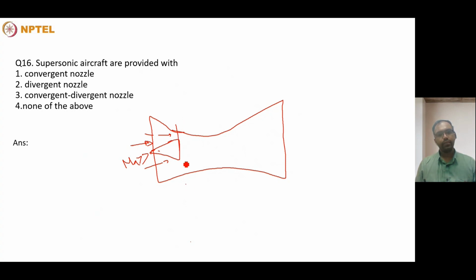This converging section will be acting as a diffuser, and it reaches a combustion chamber. Mach number will be still greater than 1. The diverging section will be acting as a nozzle. So supersonic aircraft has got Mach number very much greater than 1 at the exit, providing higher thrust power. So it acts as a convergent divergent nozzle.